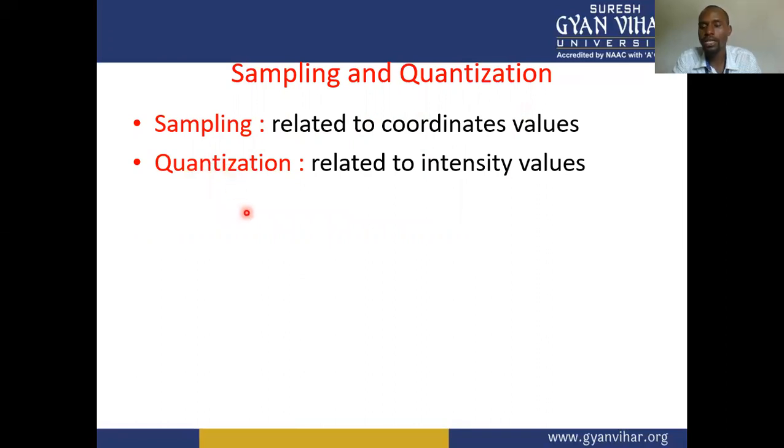Now, you must be asking yourself, what are these intensity values? Whenever we are representing intensity values, we don't use the x and y axis. What we use is the sine and cosine. In other words, we try to represent this image in a frequency form.